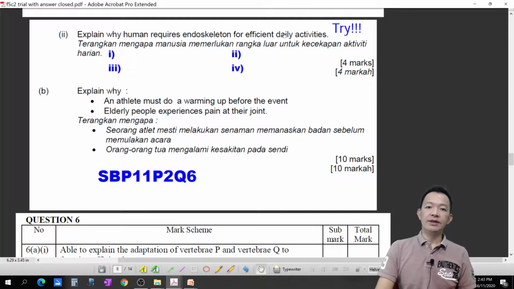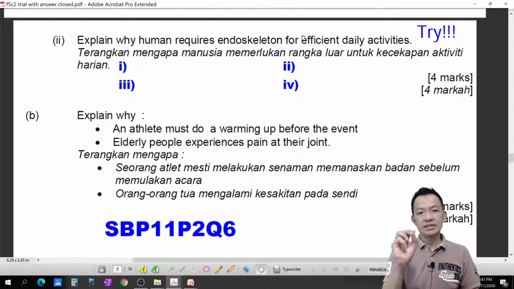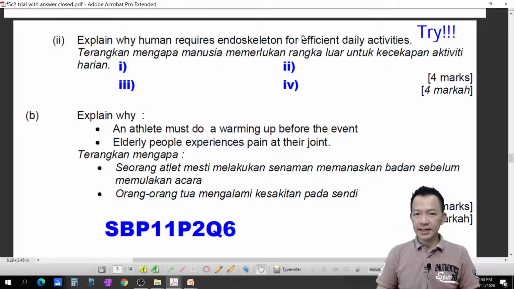Next, A2. Explain why humans need the endoskeleton for efficient daily activity. Is there any importance or necessity of the endoskeleton for humans? The answer is on page number 1, on your cover page.